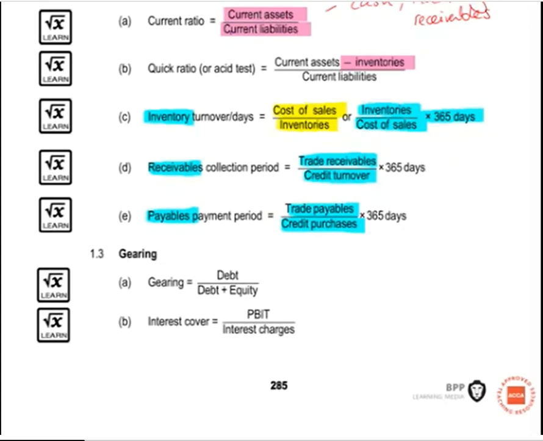Finally, we have our gearing calculations. These help us consider whether our business has the right balance of debt and equity finance. Later in your SEMA studies, you'll consider the benefits of debt finance and equity finance, and consider various theories of how much debt or equity we should be using. At this level, we simply need to understand the calculation.